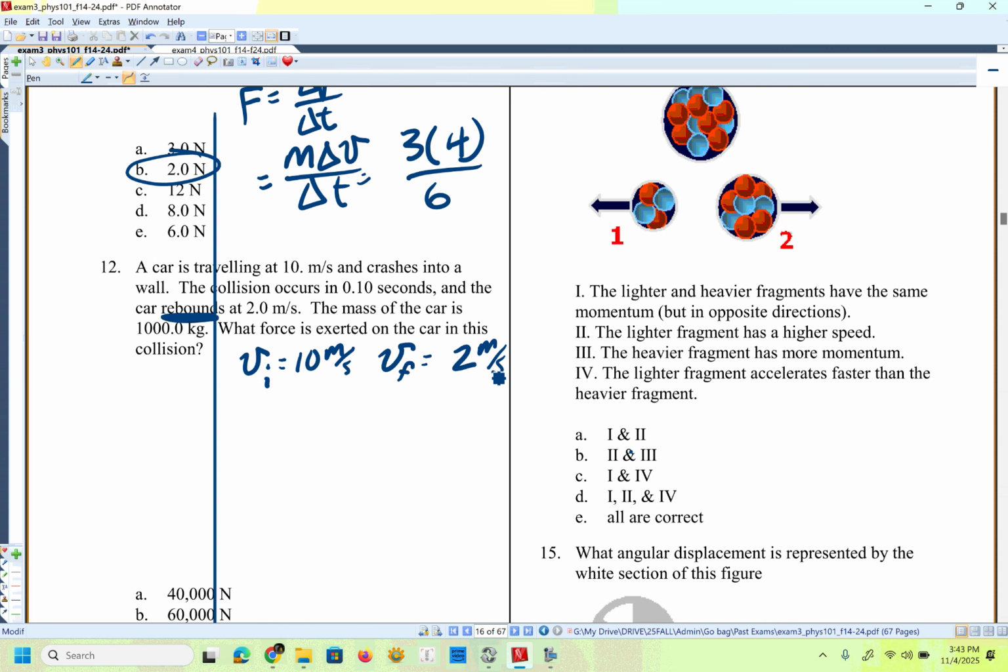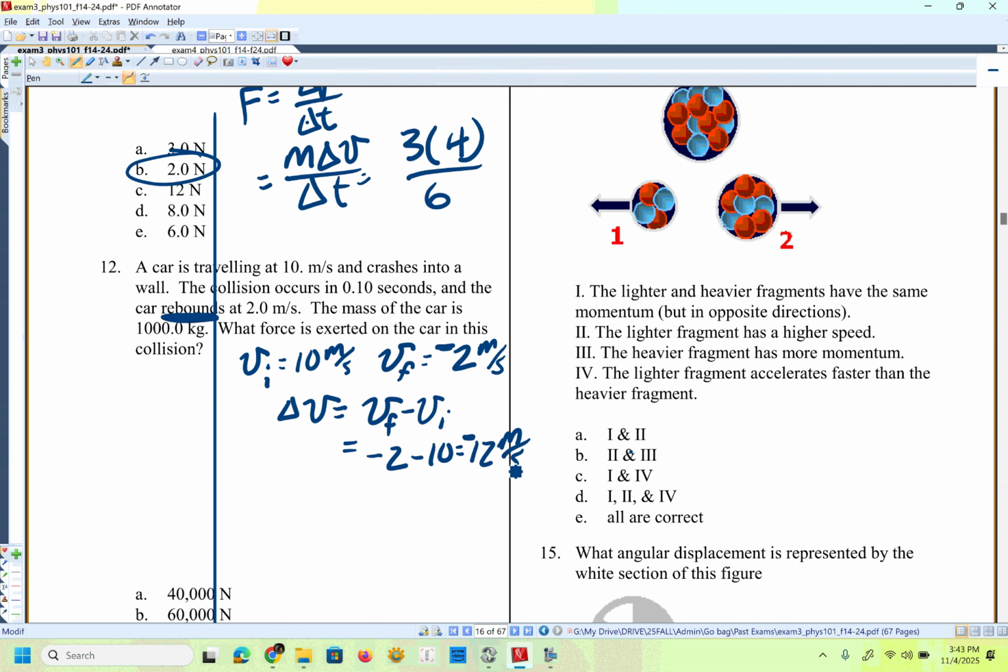But because it rebounded, that is, it bounced off of the wall or whatever it ran into, I know that this has to have the opposite sign. It doesn't matter what sign they are, they just need to be opposite one another. So if I find delta V now, which I'll need, it'll be V final minus V initial. That's going to be -2 minus 10, which is equal to -12 meters per second.